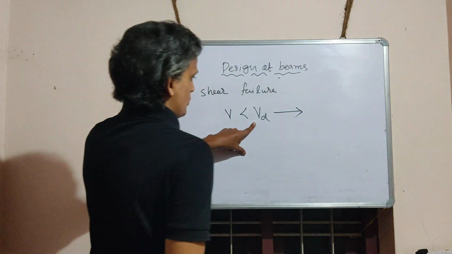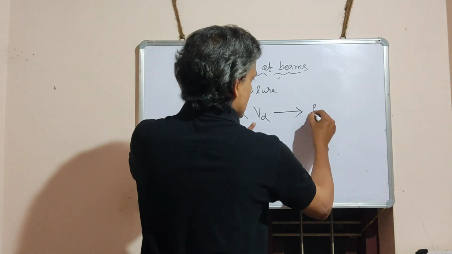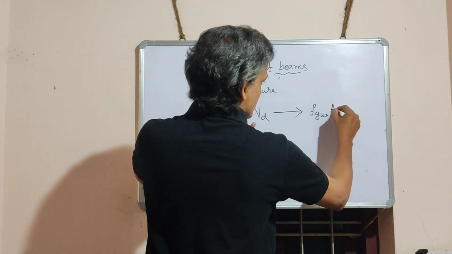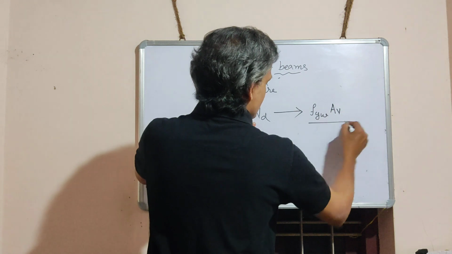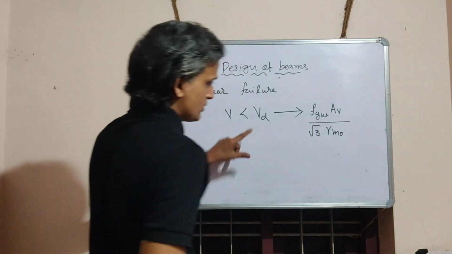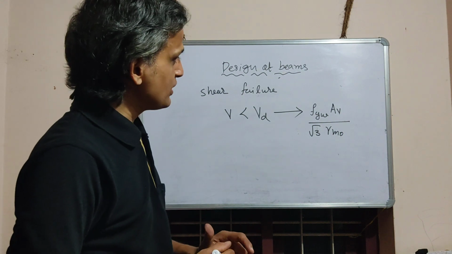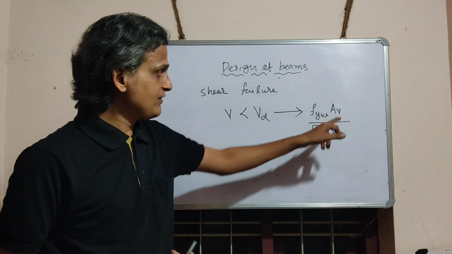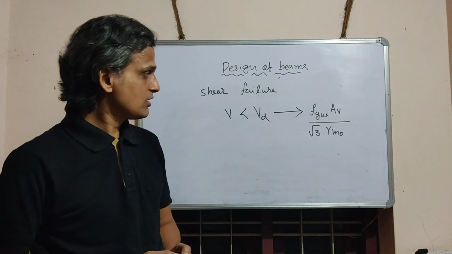According to our code, the shear capacity can be written as fyw into Av divided by root 3 into gamma m0. fyw is the yield stress of web. Av is the area of web.